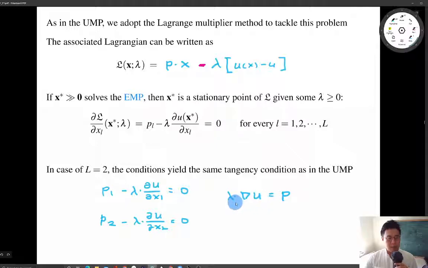But in case of EMP, we have a multiplier on the left. Okay? So geometrically, we can offer the same interpretation. The direction in which the utility function is increasing the fastest, that is the gradient, and the price vector indicates the same direction, right? All right, pretty cool.